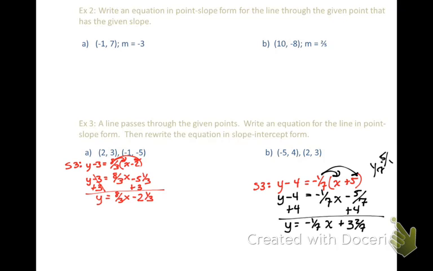Then you add 4 to both sides. Now, on the last one, it was kind of easy to subtract the numbers, but on this one it's a little different because 4 is the whole number, and it's bigger than 5/7. So I am just subtracting 5/7 from 4. Well, what's left over is 3 and 2/7. So it would be y equals negative 1/7 x plus 3 2/7. And here's your answer for that.